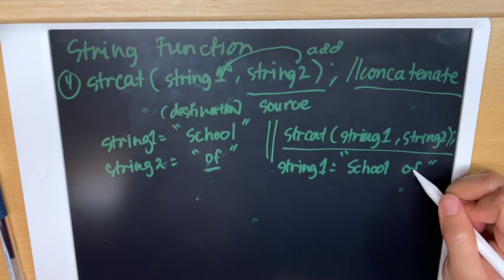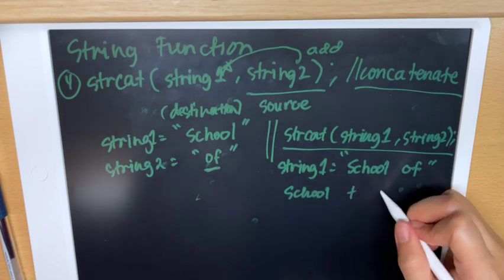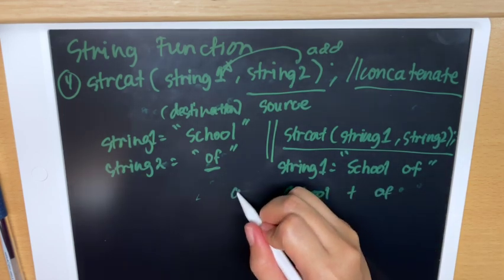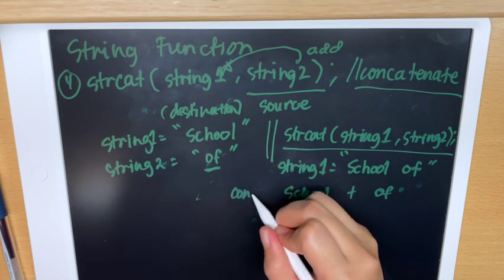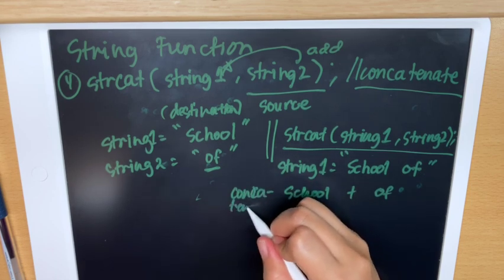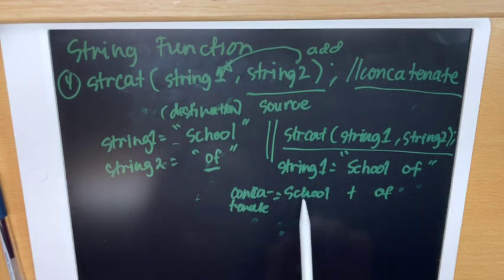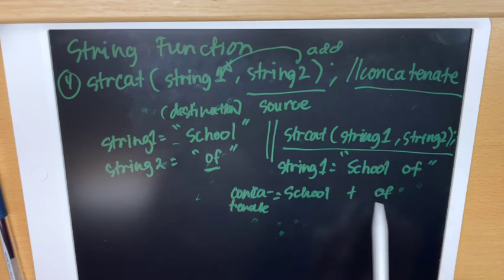So school plus off, that is concatenate, meaning you add. Previously it was just school, but right now since you concatenated it, it will be "school off".